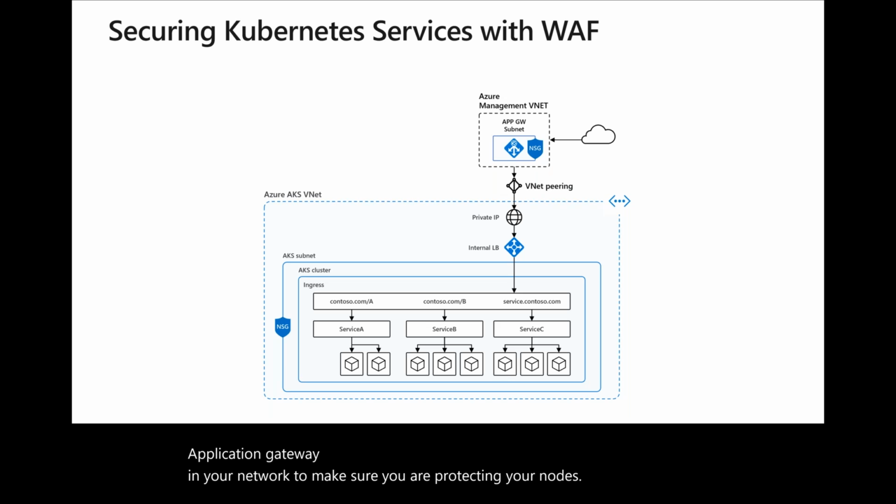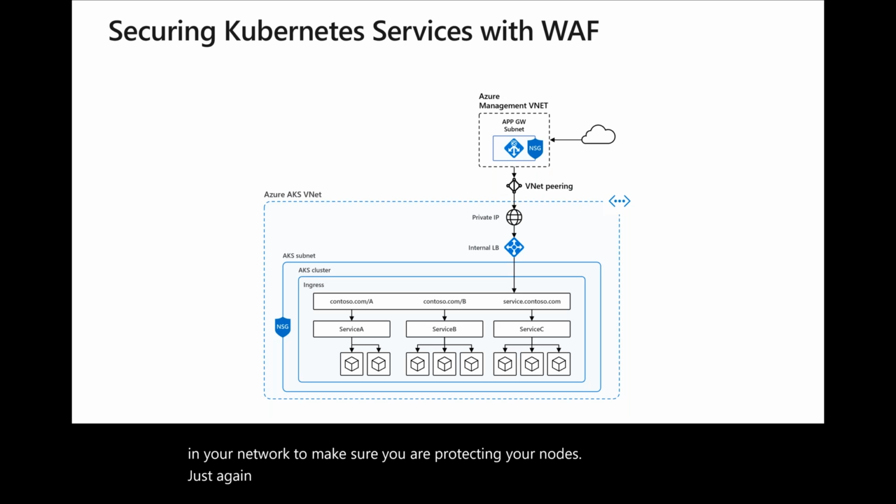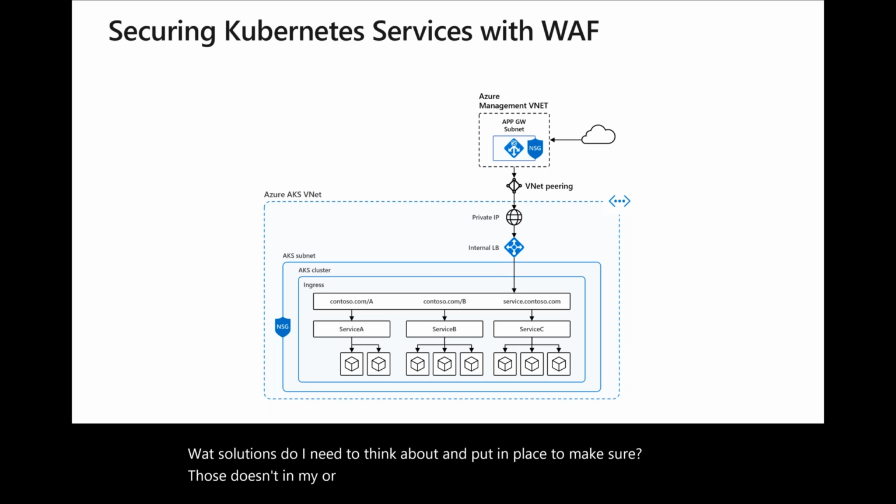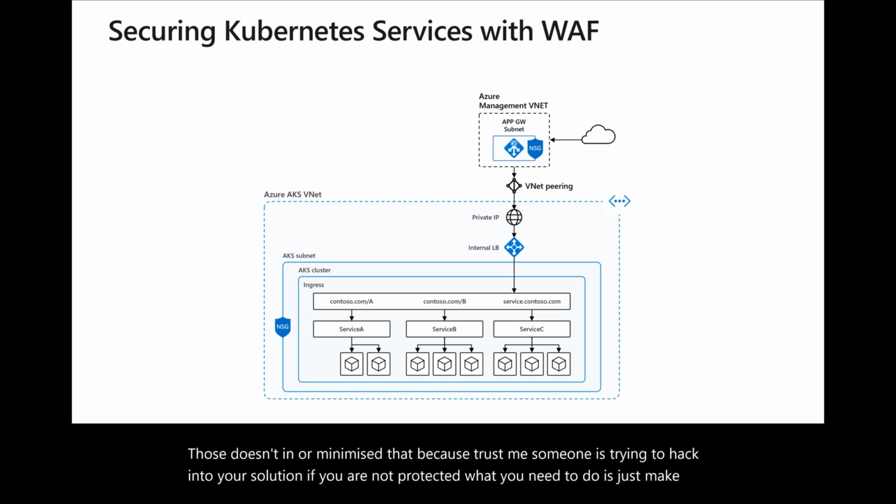Again, think about that attack model when you are doing your design, and consider what solutions I need to think about and put in place to make sure those attacks don't occur, or to minimize them, because trust me, someone is trying to hack into your solution. If you are not protected, what we need to do is just make it harder for them.